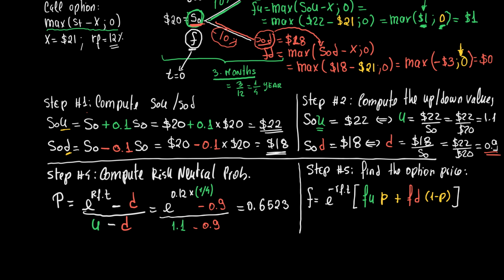If you substitute these values, it's the exponential of minus the risk-free rate, which is again the 12%, multiplied by the time period, which is 1/4.